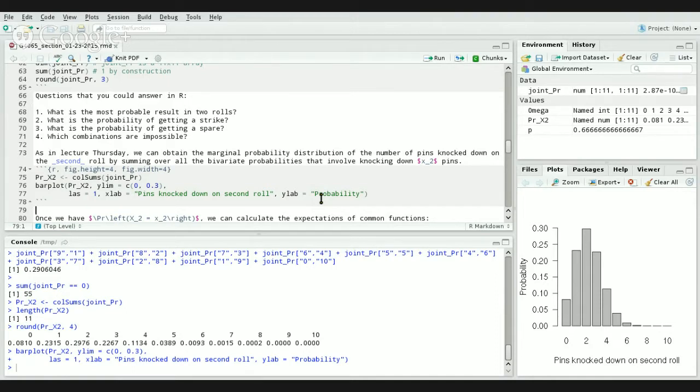It's something that we constructed by multiplying a marginal probability of knocking down x1 pins on the first try times the conditional probability of knocking down x2 pins on the second try, given that you knocked down x1 pins on the first try, and then summing over the columns of our joint PR matrix in order to get probabilities irrespective of what happened on the first try.